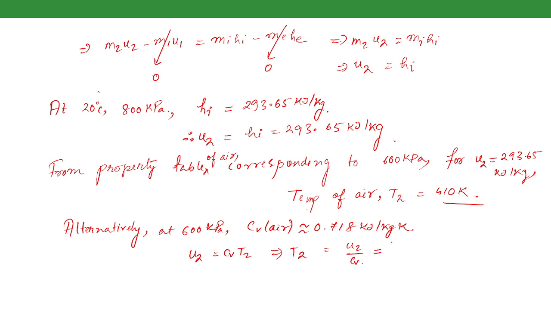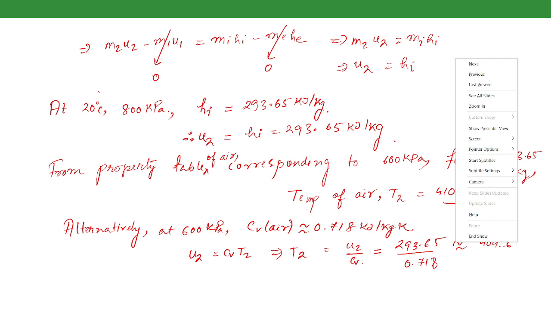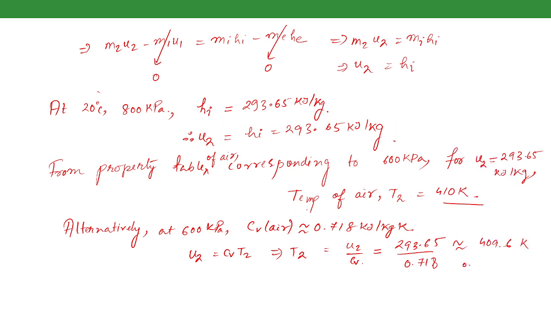So this is equal to 293.65 divided by 0.717, sorry, 0.718. So this nearly comes out to be 409.6 or 410 Kelvin.